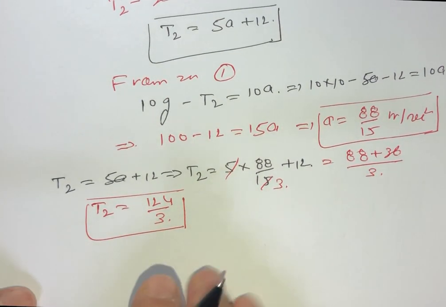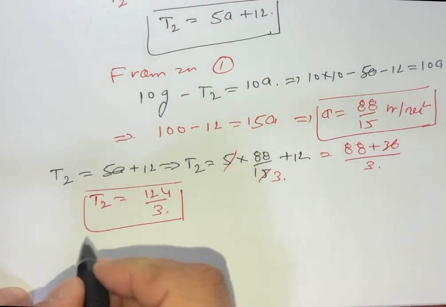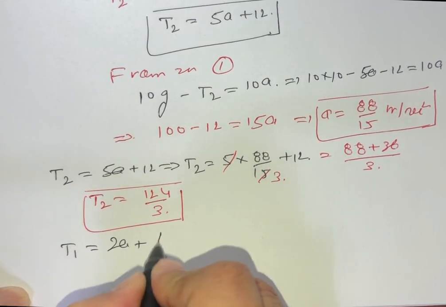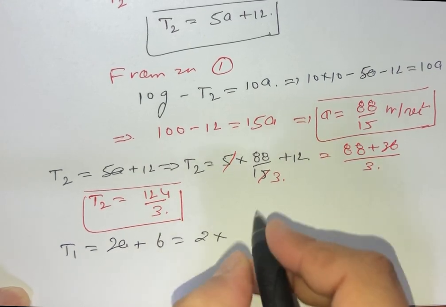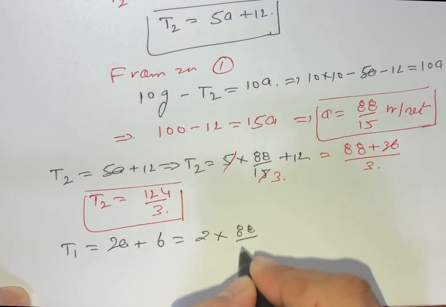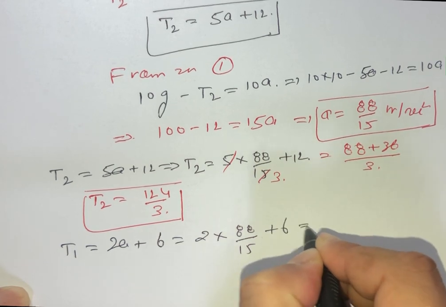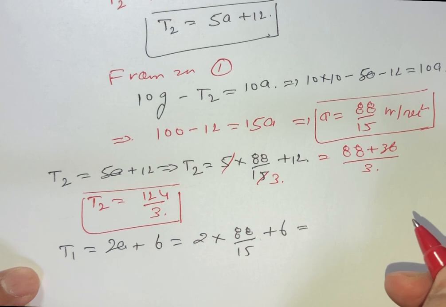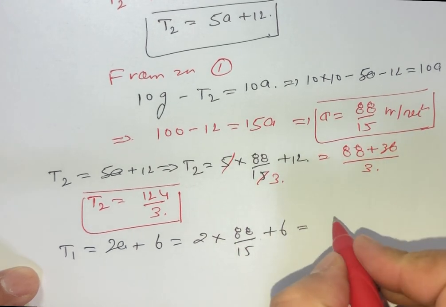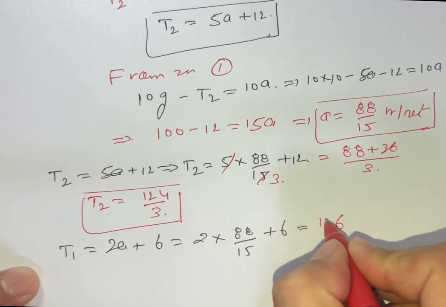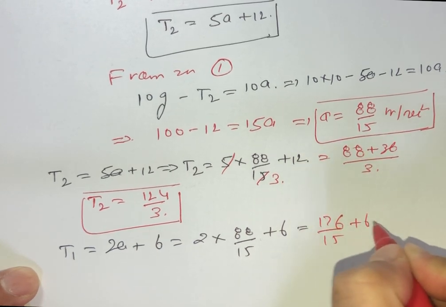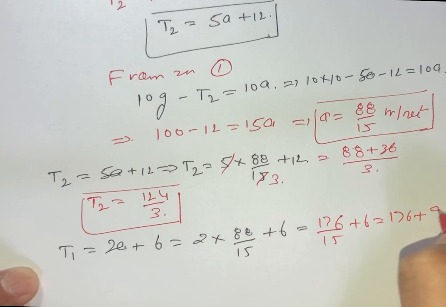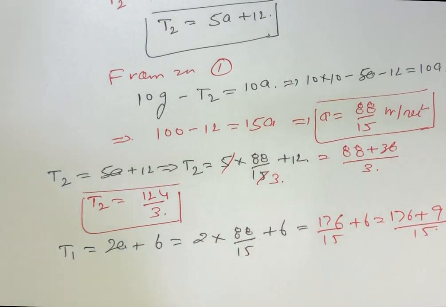And similarly we can find out the T1 equation. We already know that T1 is equal to 2a plus 6. So this will be 2a, a is our 88 divided by 15, plus 6. So this will be coming as 176 divided by 15 plus 6. Taking the LCM, 176 plus 90 divided by 15.